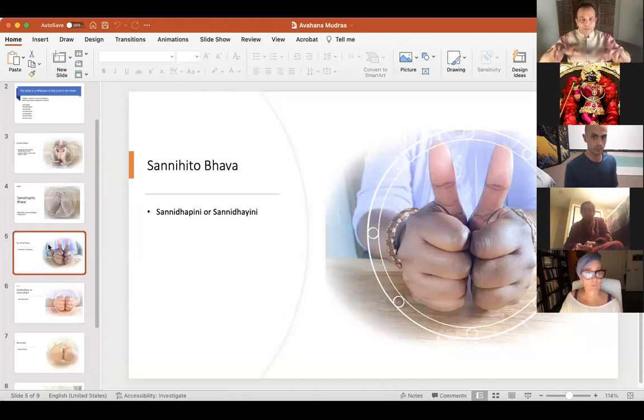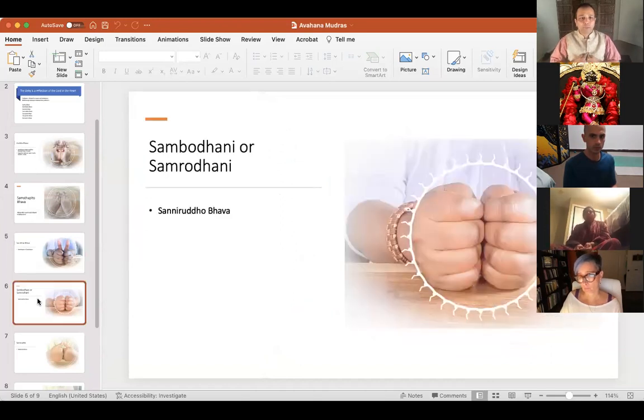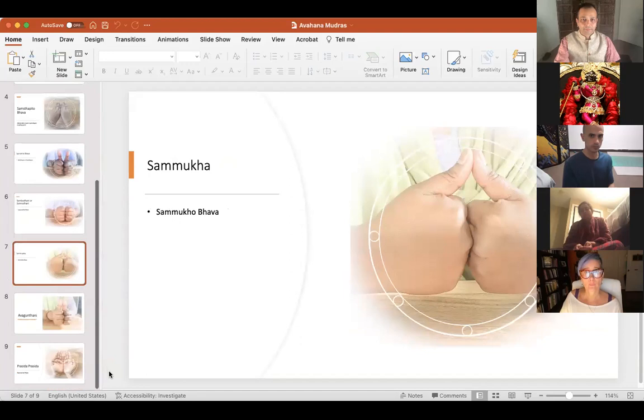The Lord is moving everything, but we are not able to see. To see that movement, that deity, the Lord himself: sannihito bhava. Then we have sambodhani or samrodhani. Oh Lord, reveal the inner meaning. Sammukho, show your face, be visible. Sammukho bhava.